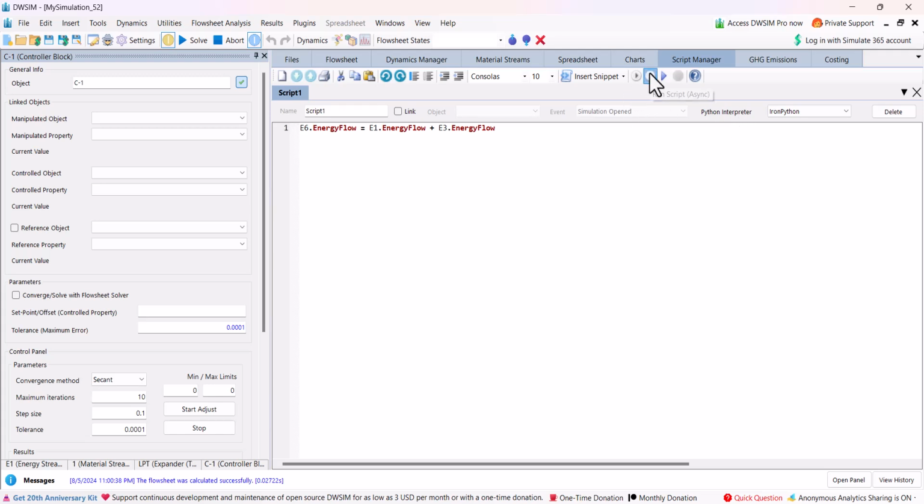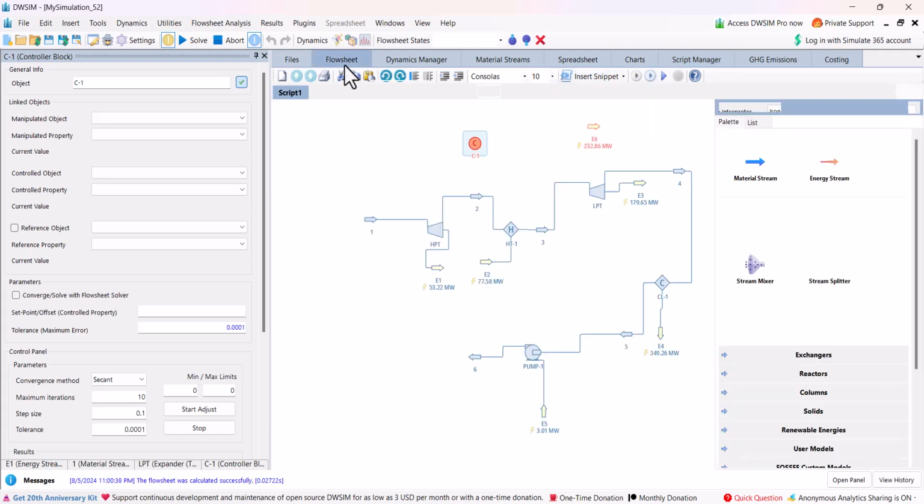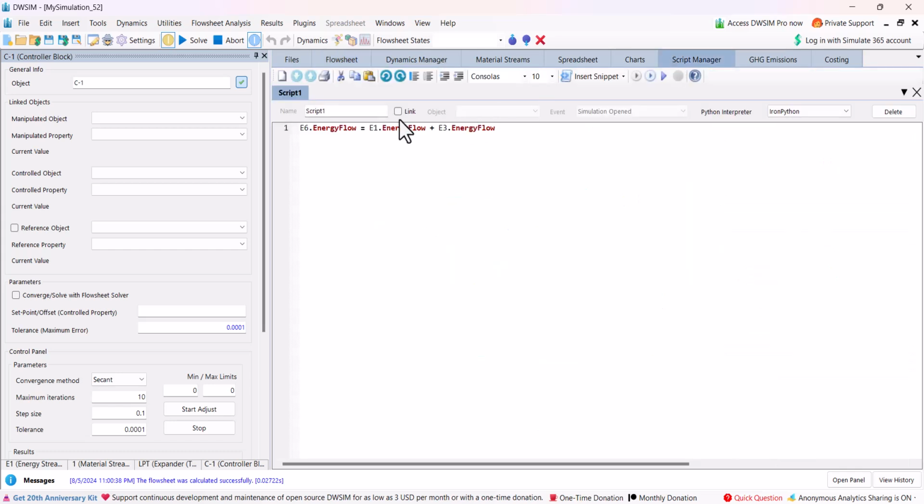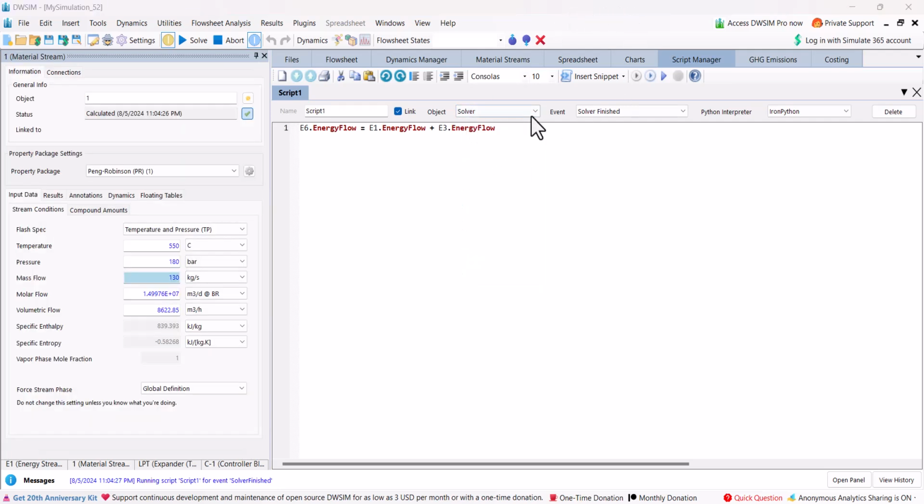We will run it. Go back to the flow sheet. See, now it is giving the total of energy from E1 plus E3. We'll make some other changes there. We will link it to object E6 or simulation. Okay, I think we need to link object solver with solver finished, and we'll see how it behaves.